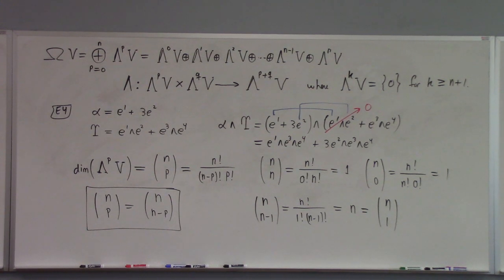And I talked about the flux form of vector B, which was B1 e2 wedge e3, plus B2 e3 wedge e1, plus B3 e1 wedge e2.